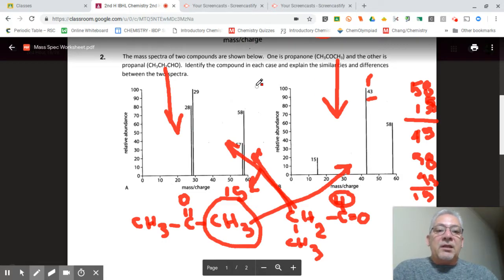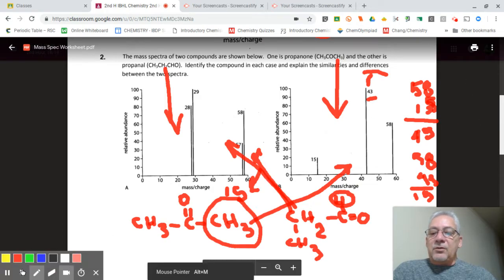And the similarity is they have the carbon-oxygen double bond. That will be the similarity of both. And the difference is this is a primary carbon joined to another carbon, while this is a secondary carbon joined to two methyl groups, each one of which has a carbon. That will be the difference between the two compounds.